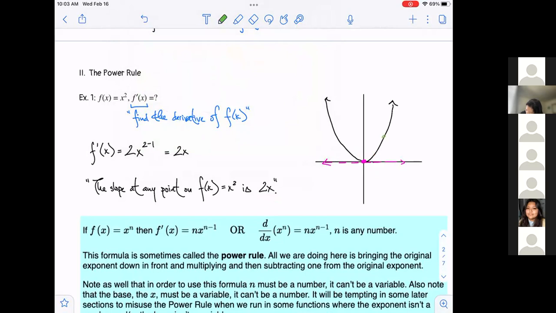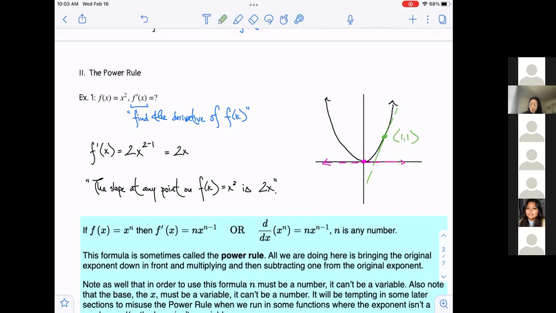Let's say this point is 1, 1, right? Is the slope of that green point positive or negative? Okay, it's positive. So if we think about drawing in that tangent line, it's positive. But you can actually give me a more precise answer now. What is the slope when x equals 1?